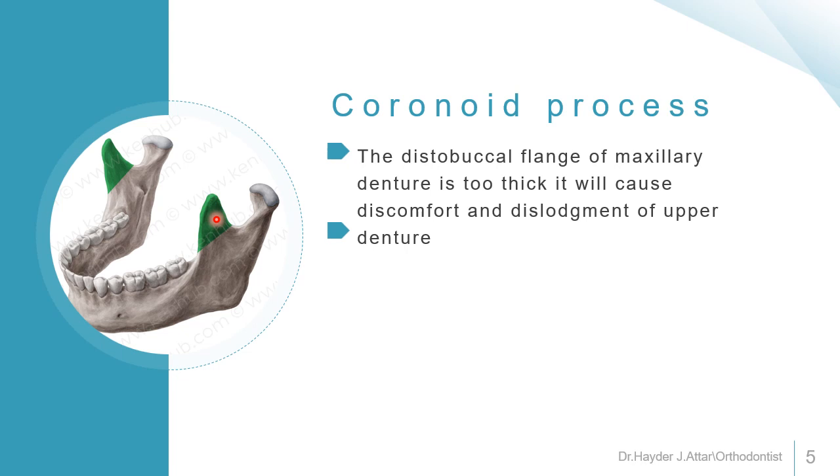When the disto-buccal flange of the maxillary denture is too thick or wide, it may cause discomfort and distortion of the upper denture when the patient opens the mouth widely, or during the lateral movement of the mandible from side to side. It will cause distortion of the maxillary denture due to its thickness. In this case, the disto-buccal flange of the maxillary denture should be thinned with a handpiece to resolve this problem.